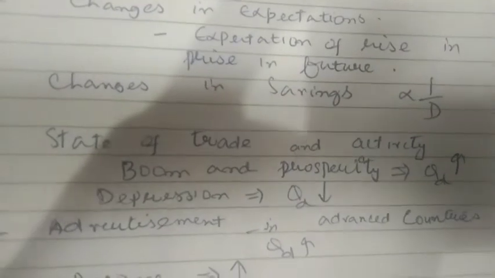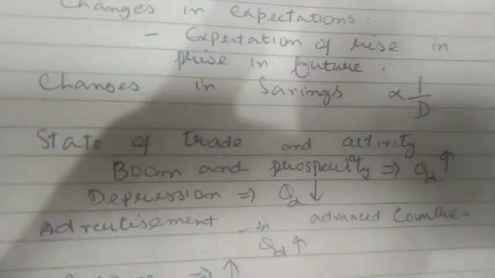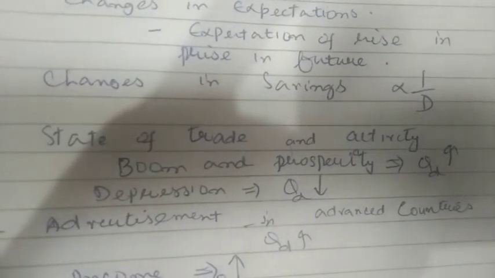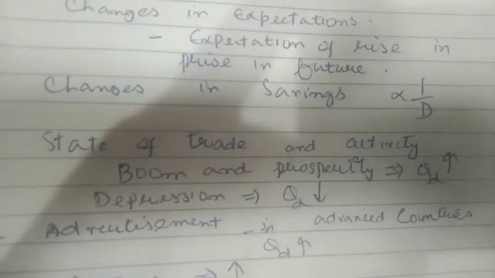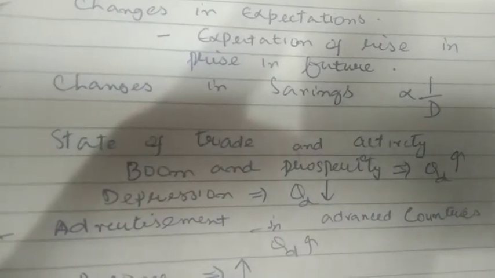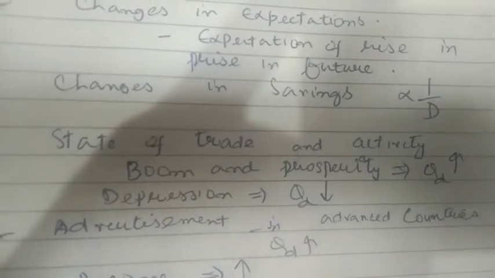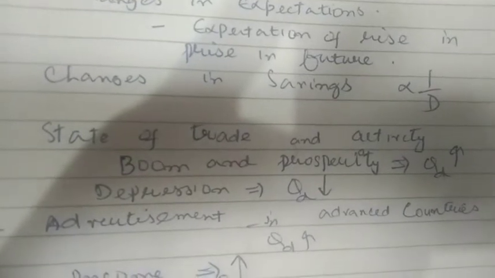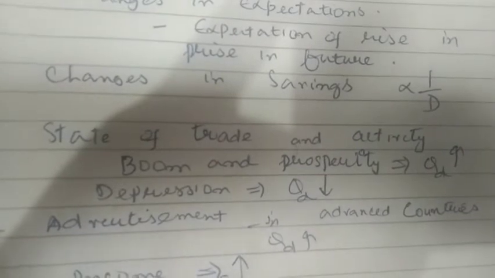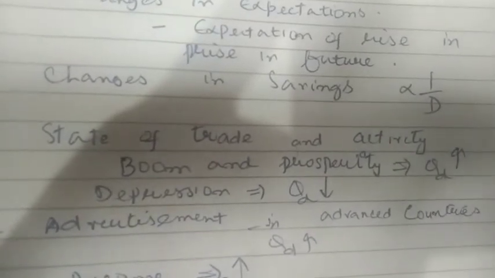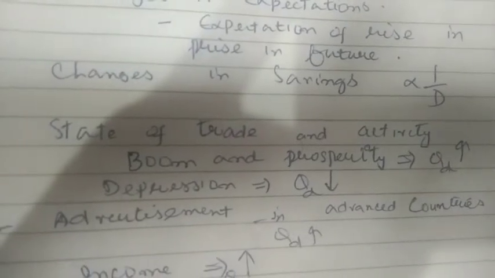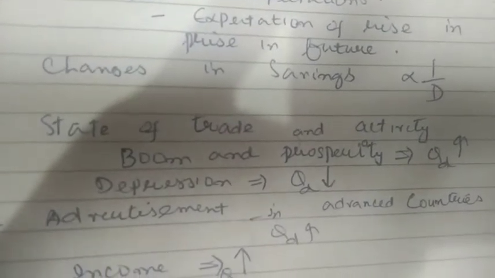State of trade and activity: if your business is booming, you are earning more profits, consequently you will buy more, because in boom and prosperity you have more earnings, so your demand for goods will be more.